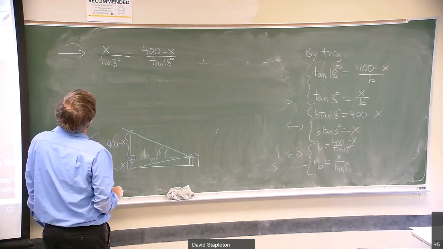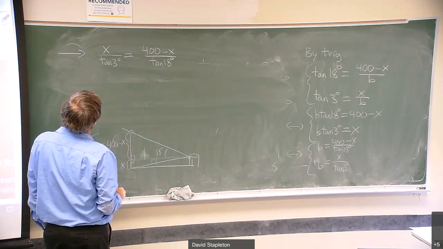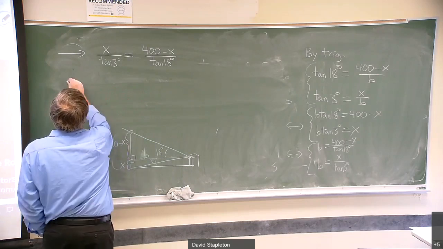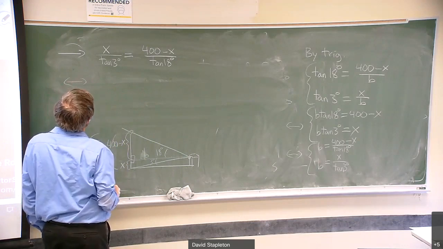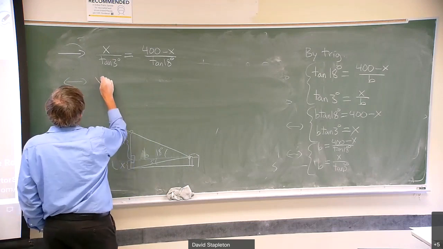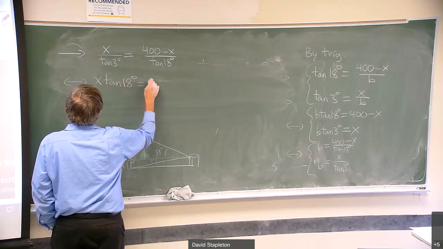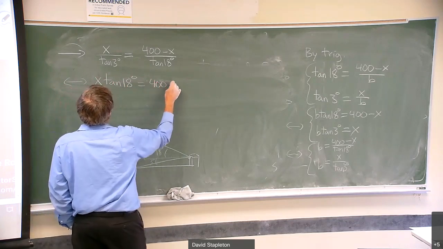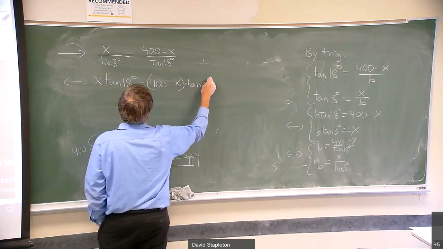All right, so what can I do with this one? There's a number of ways to proceed again. I could cross multiply since these are equal, and I could say x tangent 18 degrees equals 400 minus x times tangent 3 degrees.